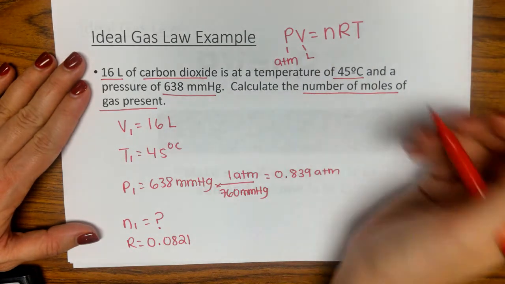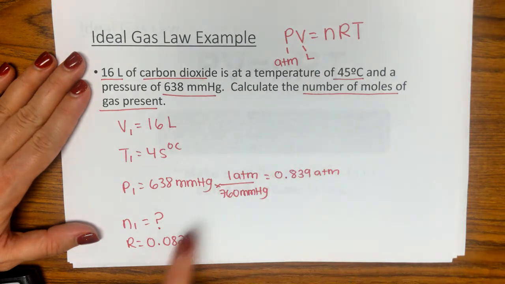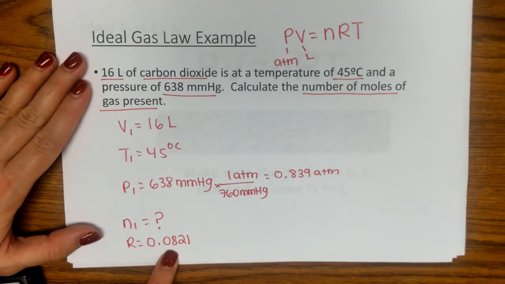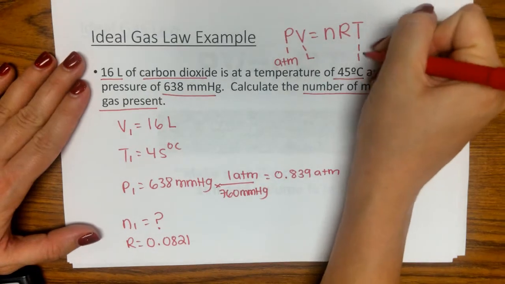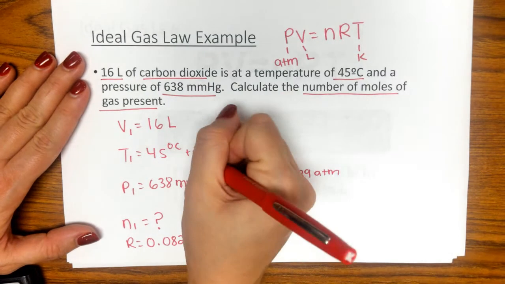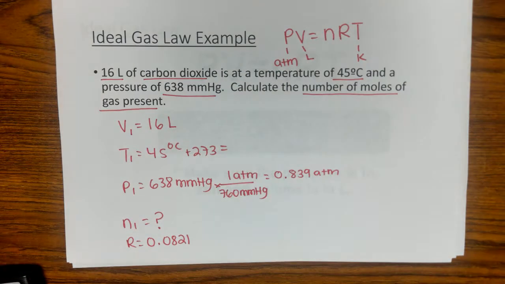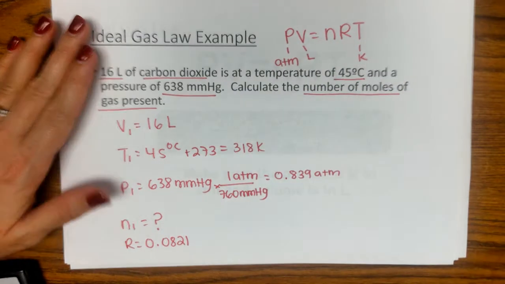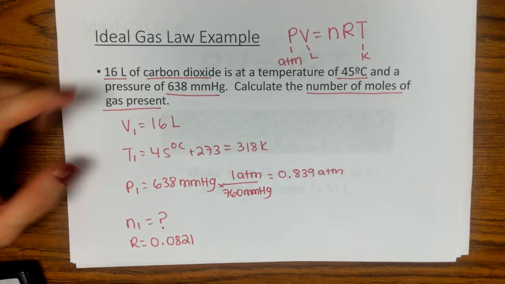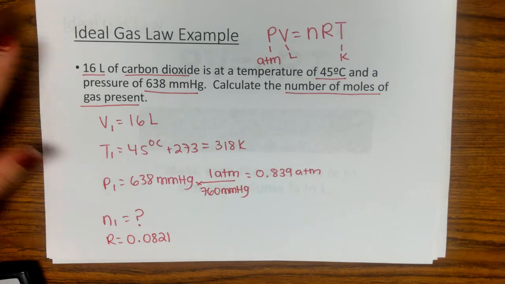I'm looking for moles. My R is a constant. It's that number always. And temperature has to be in Kelvin. It is in Celsius right now. Add 273. And that's 318 K. Now I've got all my variables. I'm looking for N.